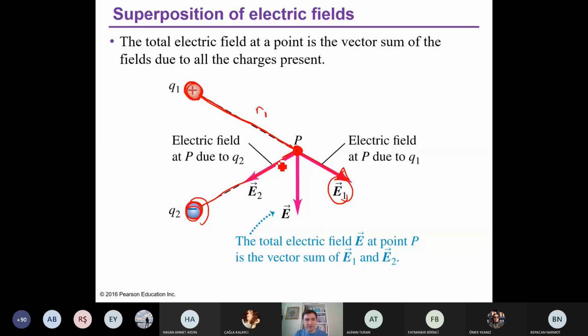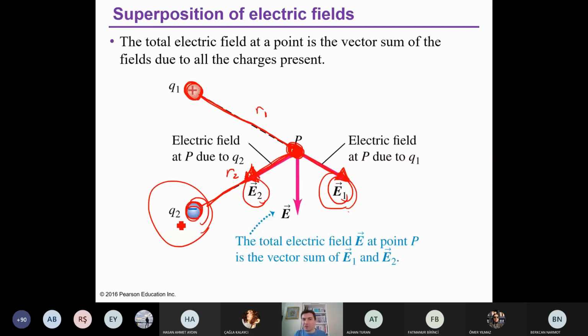This distance is given with R2, let's say, and it produces electric field from the P point to the source here, okay? Look at the direction. The direction of the electric field produced by Q1 is in this direction, and the direction of E2 is from the P position to the Q2 source.